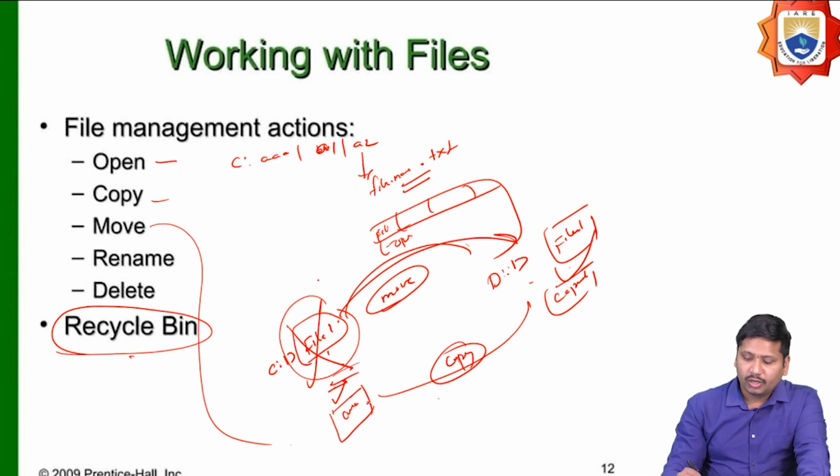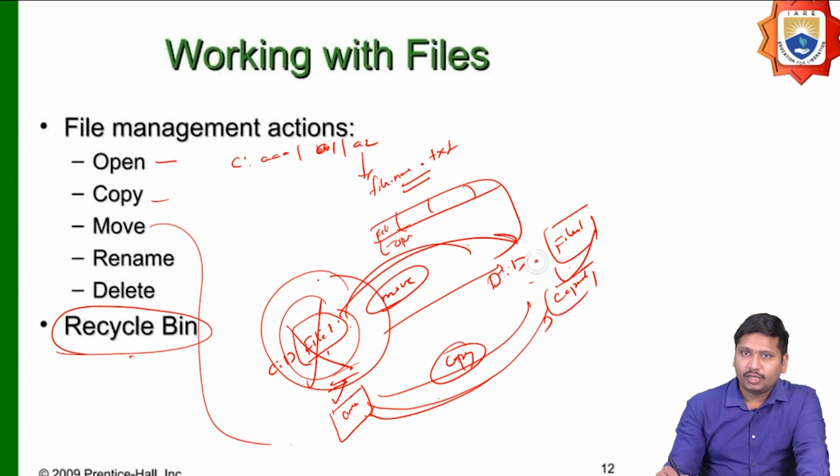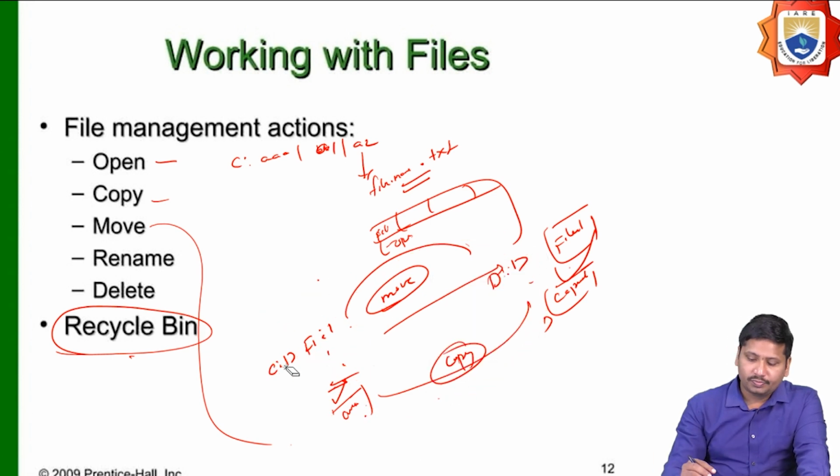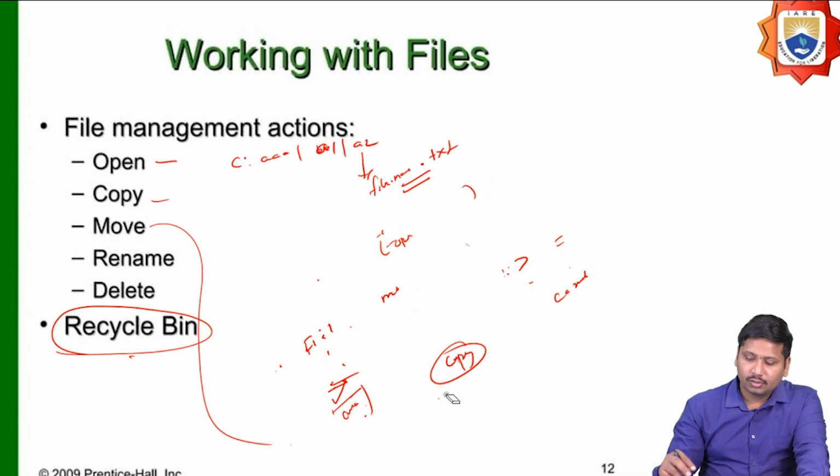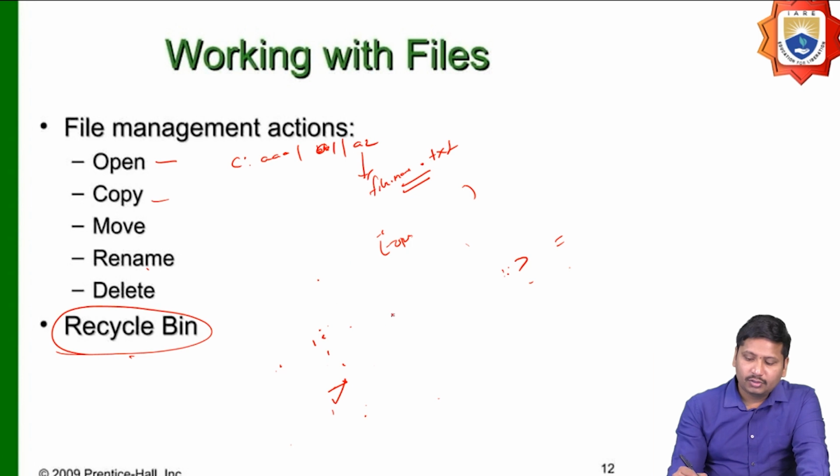Copy means we can copy the content or the entire file from C drive to D drive, whereas move means we move the file from this location to the D drive location, but the file will not exist in the current location. And renaming the file: initially I saved it as file1.txt.